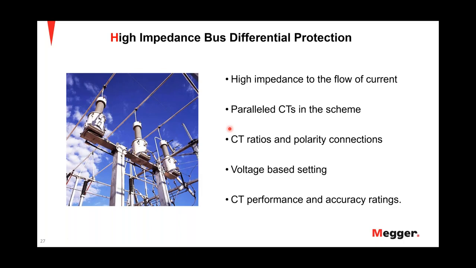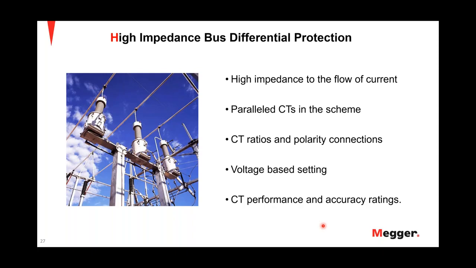And of course, the CTs are connected in parallel, and then to the relay. We have to make sure that the polarity connections are done correctly, such that the currents add up to zero whenever it's a nominal load condition or external fault. Whenever there is a difference of current because of an internal fault, this current difference is seen by the relay, like we discussed before.